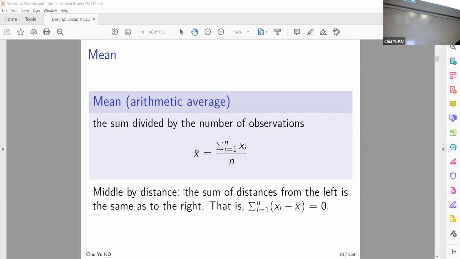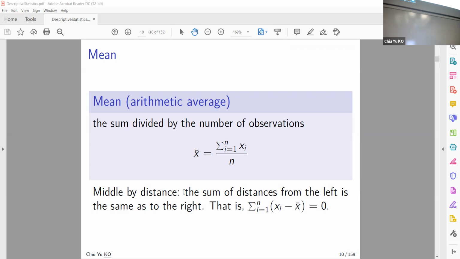The key is to understand its meaning: the mean is the center of data in the sense that the sum of the distances on the left of the mean to each observation is equal to the sum of the distances to the right of the mean.